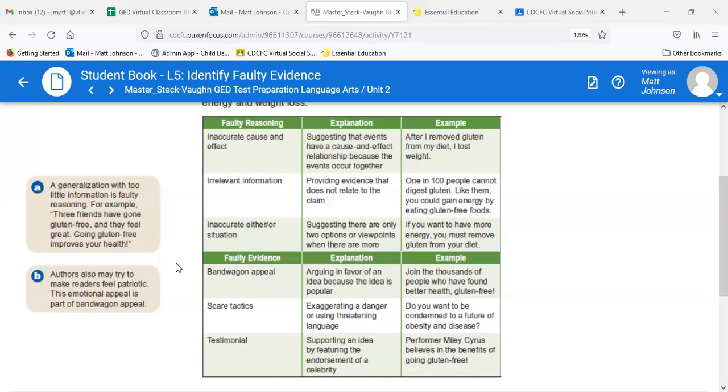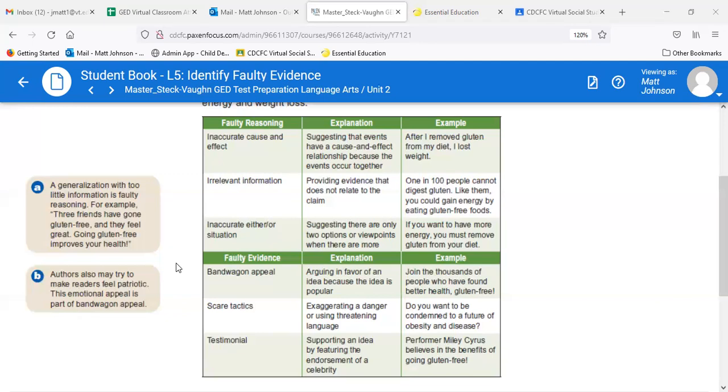People that can't ingest gluten have a difficulty with gluten. That doesn't mean that they have better energy and are losing weight. Those two things are not related. Gluten is not unhealthy for you, which is sort of trying to manipulate the data to show that here.